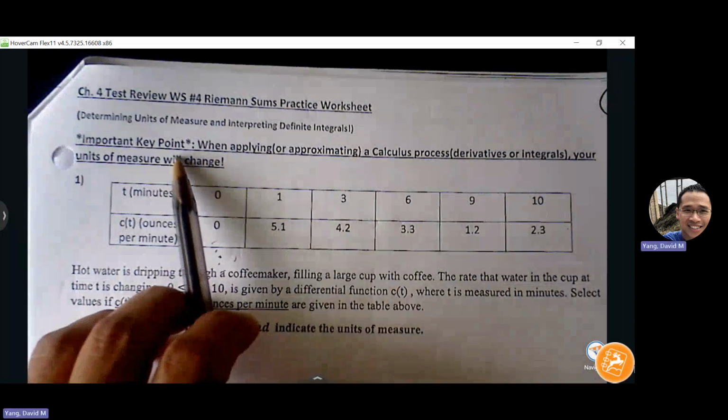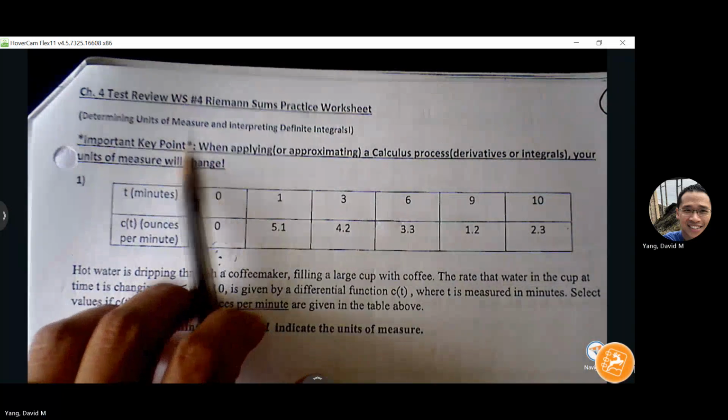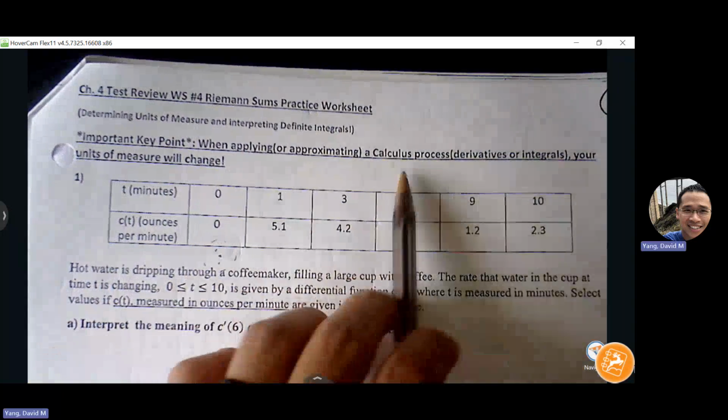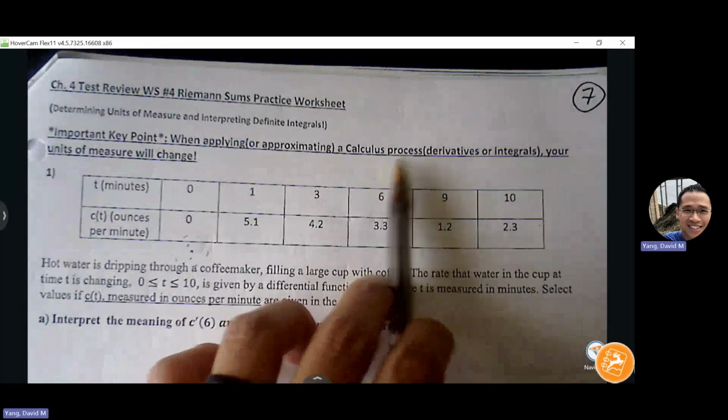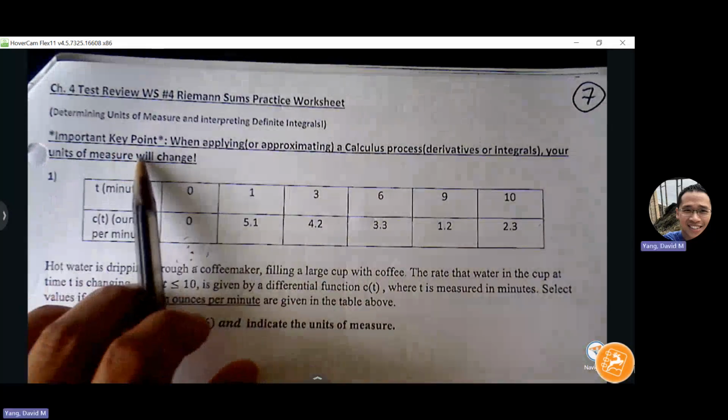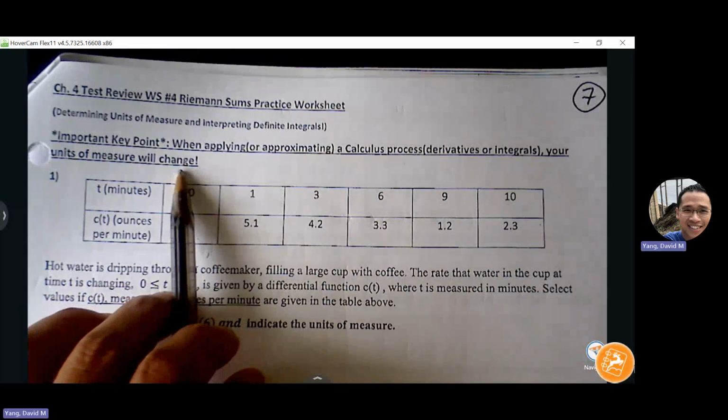Okay, so important key point here. Anytime you're applying or approximating a calculus process, either a derivative or integral, your units of measure will change.